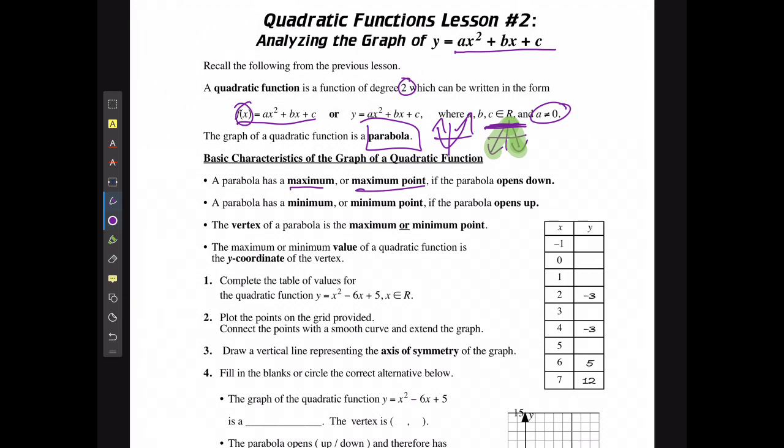It also has a minimum point if it opens up, and I can see the lowest point. The vertex is the value or the coordinates at the maximum or minimum point. So if I have a lowest point here, that coordinate is my vertex. If I have a highest point here, that coordinate is my vertex. The maximum or minimum value of the quadratic is the y-coordinate at the vertex.